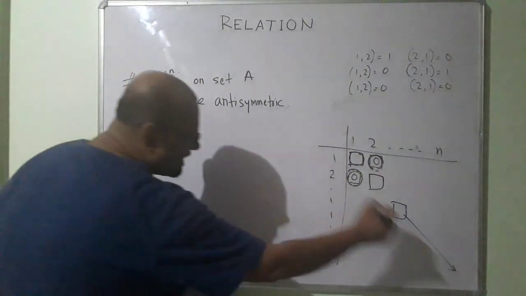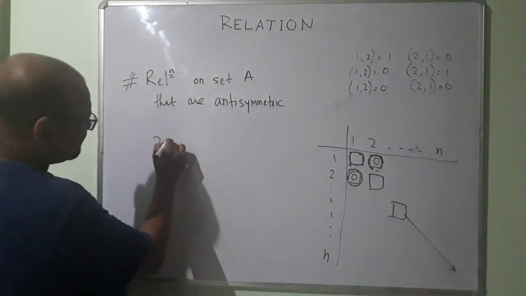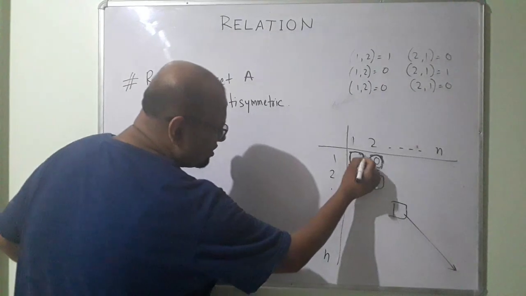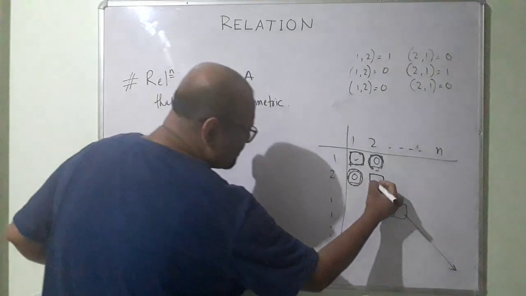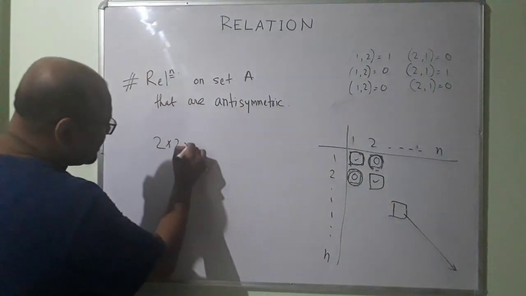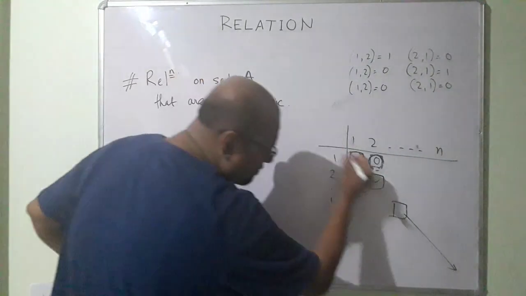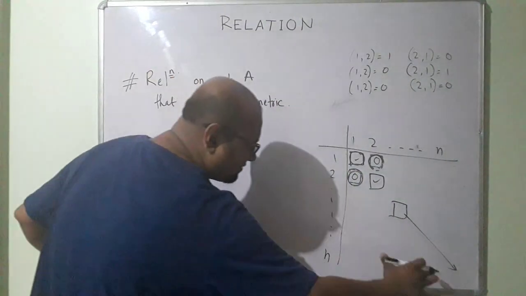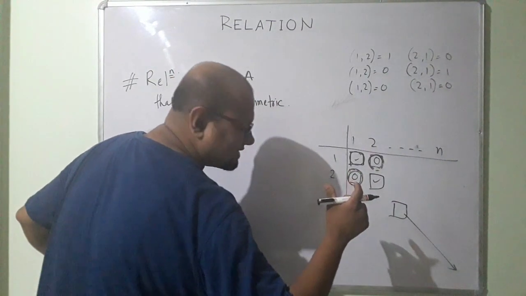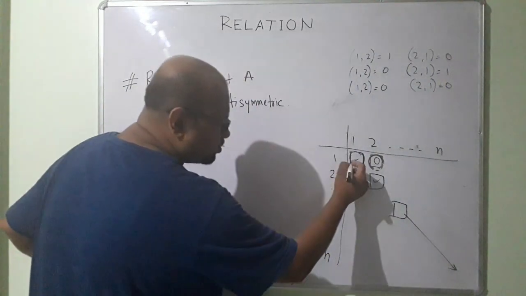Along the diagonals, for the first position I have two choices, 0 or 1. For the second I have two choices, 0 or 1. And like this, for the n places I have two choices per place, 0 or 1.